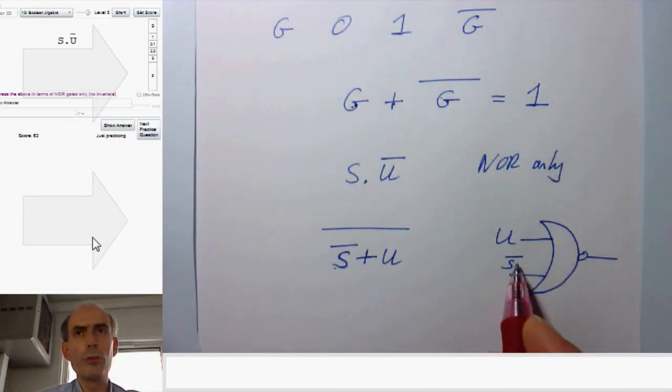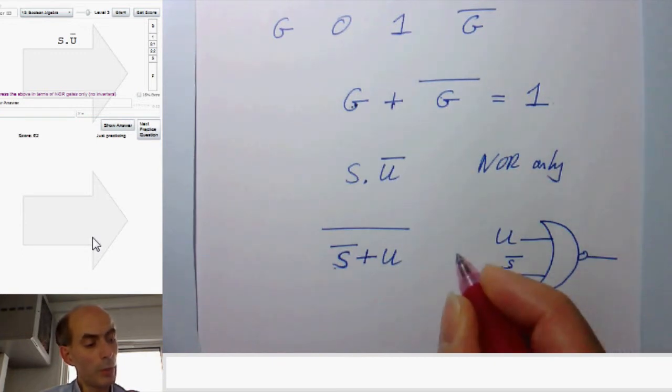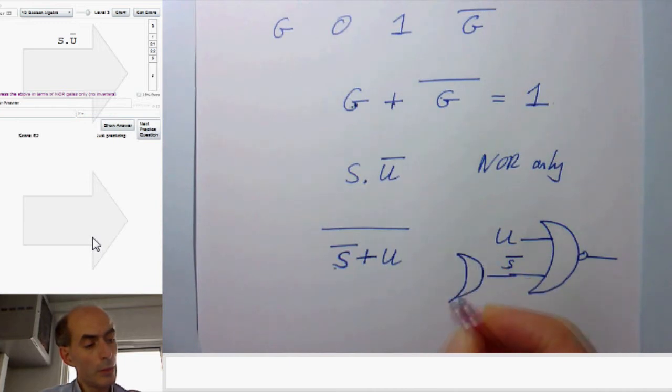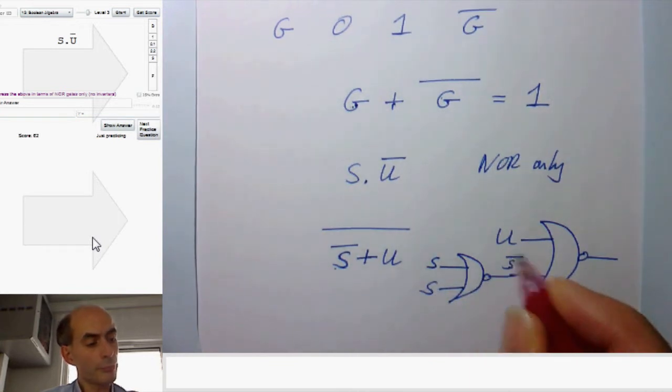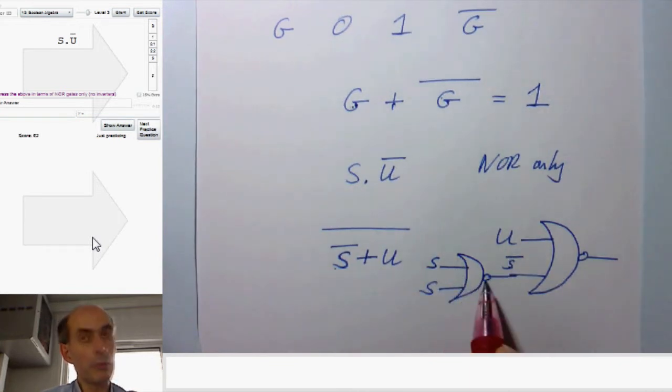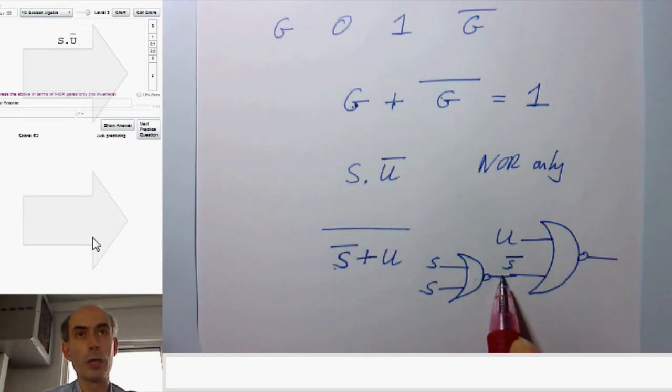Well, I'm not allowed to use inverters. I'm only allowed to use NOR gates. So I've got to make not s from a NOR gate, which actually you can do quite simply. I could do it like this. Attach both of these two inputs to S. And then that would behave like an inverter. If S was a 1, the output here would be 0. If S was a 0, the output here would be 1.